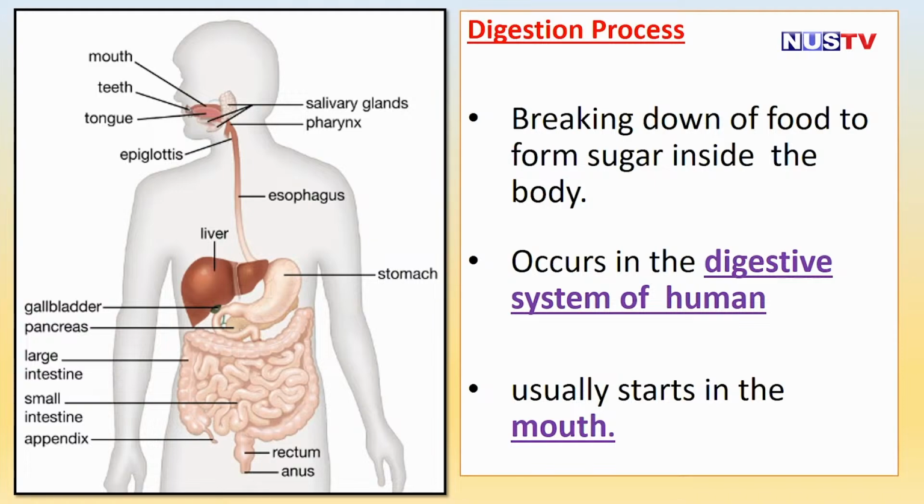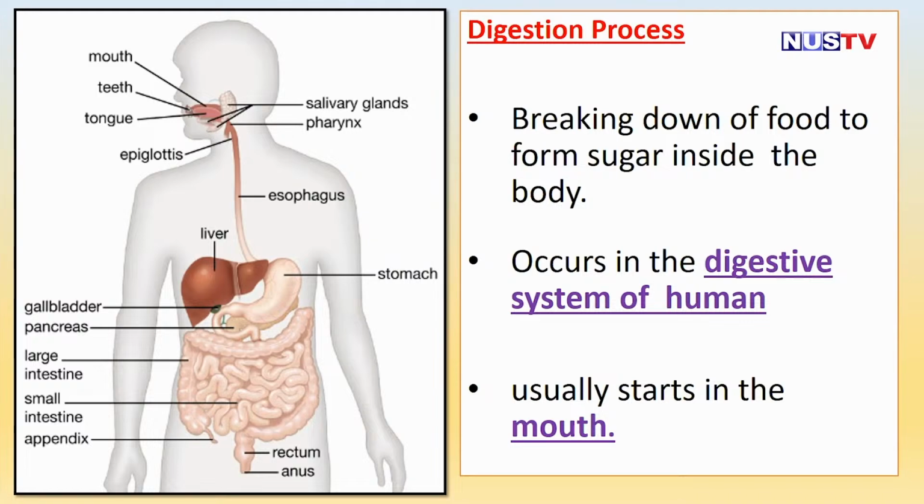So that's the reason why it must be broken down into sugar so the body can easily absorb it. Inside our mouth, the food we eat will be broken down into pieces, then into starch, and then to form sugar, which can easily be absorbed inside our body.